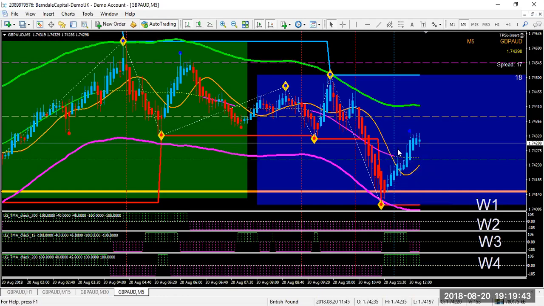So would not qualify for a vertical line, but as you can see, price action is in the buy zone. You've got support there, so this would be an option 1 type trading.